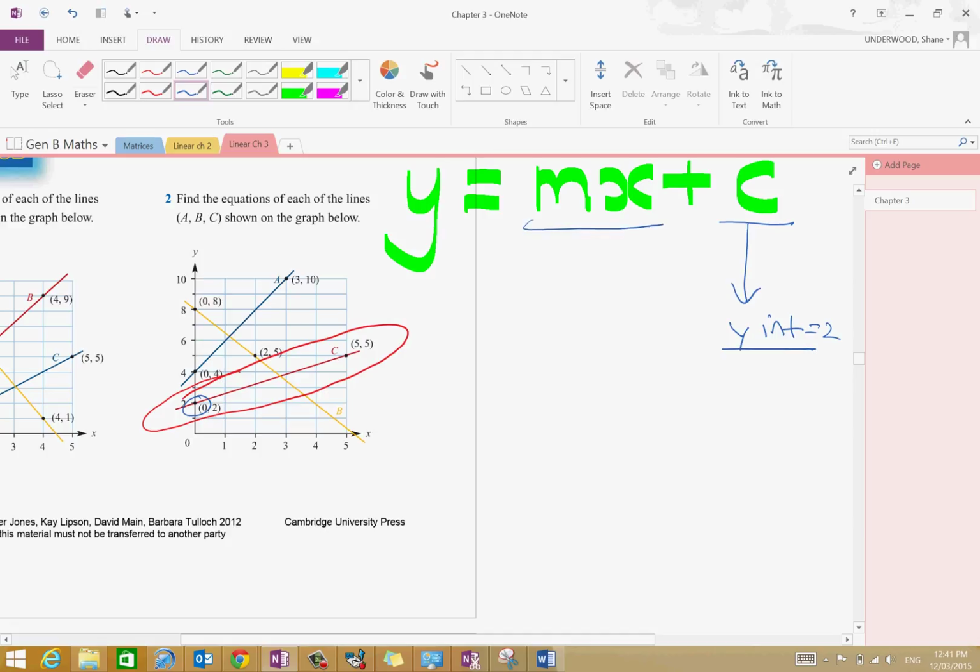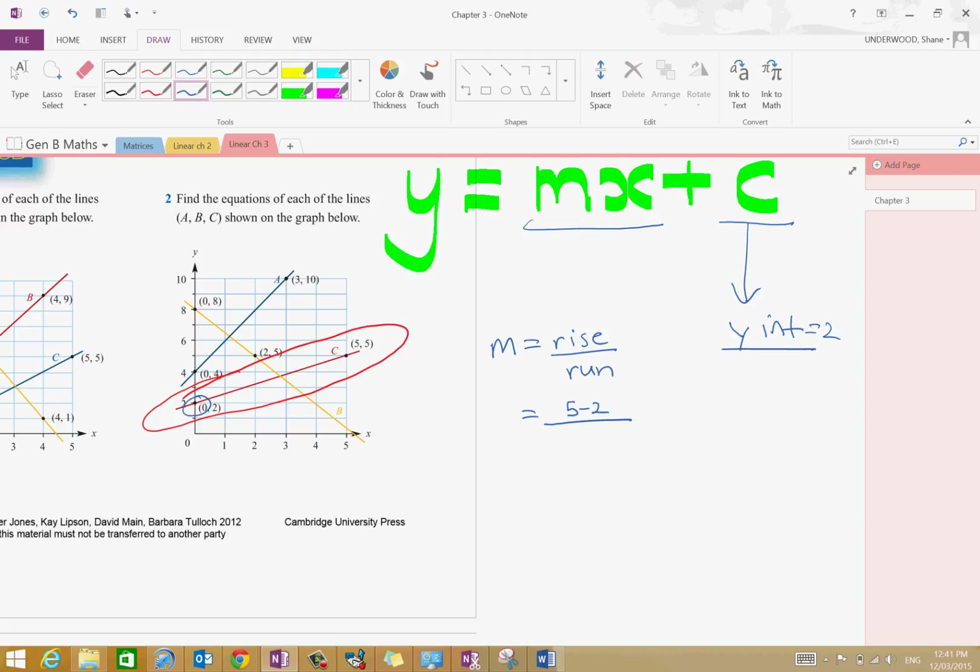So in order to find the slope, we go m is equal to rise over run. And that is equal to y2 minus y1, which is 5 minus 2, always starting from... Is it 5 minus 2?